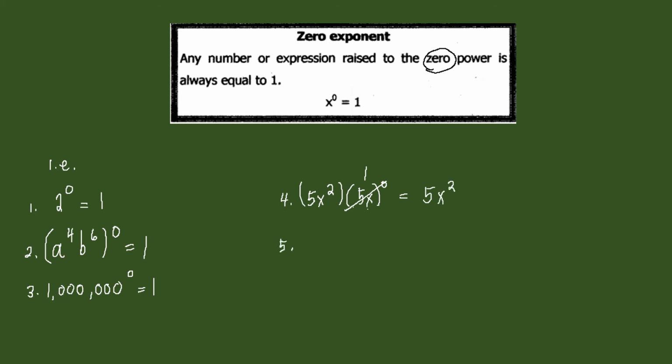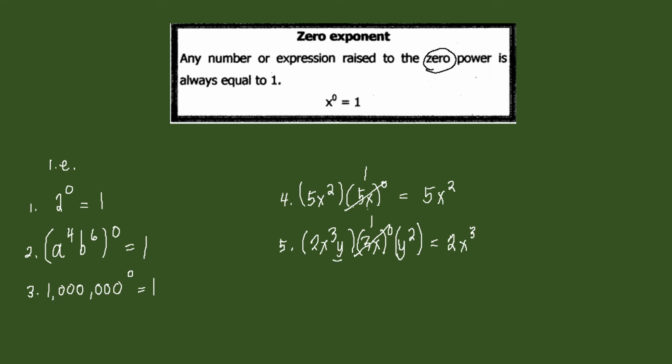How about if I multiply 2x cubed y times 3x raised to the 0 exponent times y squared? Again, I can simply cancel this expression and just rename it as 1. And then I multiply 2x cubed y and y squared. So 2 times 1, because there's no numerical coefficient here, it is just 2. And then x cubed, there's no x in y squared, so I will just copy x cubed.